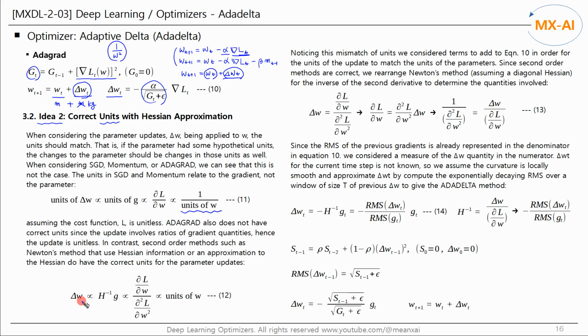In contrast, second-order methods, such as Newton's method, that use Hessian information or an approximation to the Hessian, do have the correct units for the parameter updates. That is, the units of delta W are the same as those of W. Noticing this mismatch of units, we considered terms to add to equation 10 in order for the units of the update to match the units of the parameters.